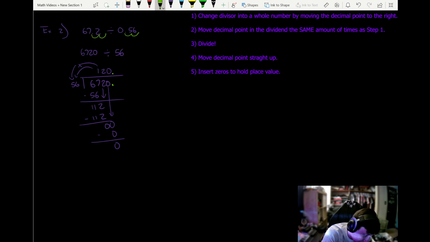So we can say that 6,720 divided by 56 equals 120. We could put 120.0, that's the same thing, but we can just say it's equal to 120. Alrighty, so one more you're going to try on your own, and that'll be it.